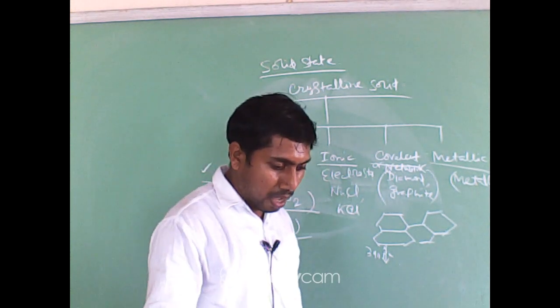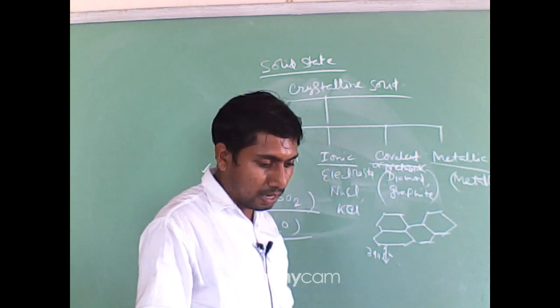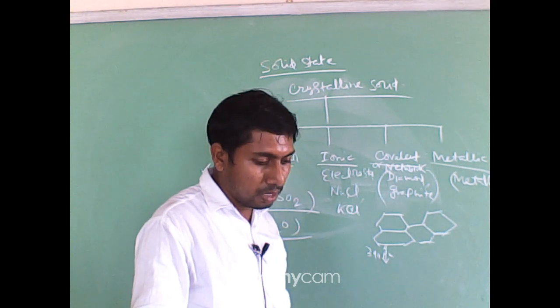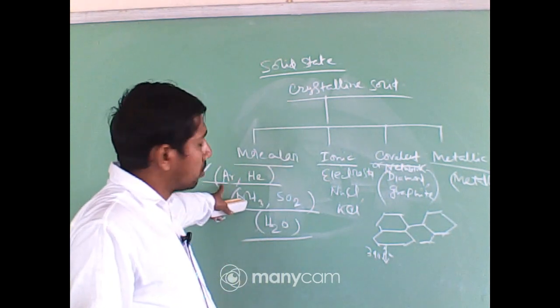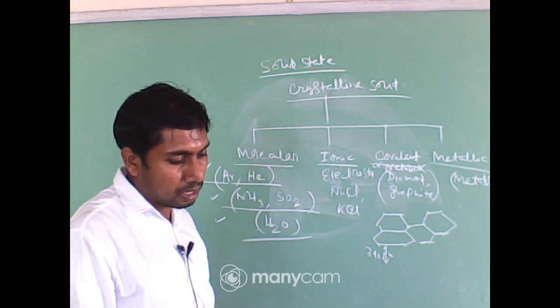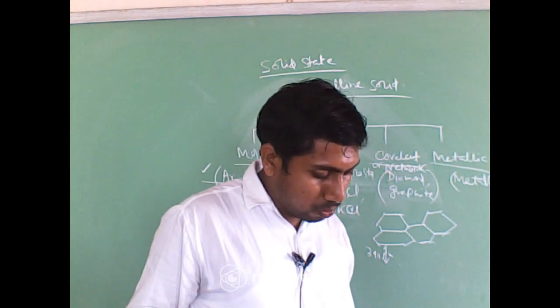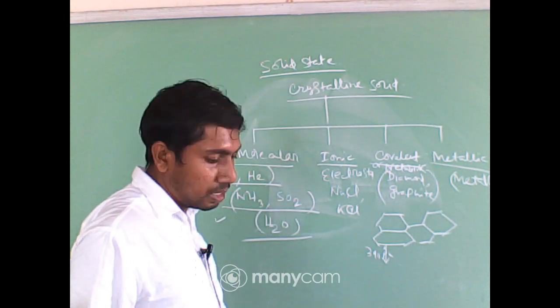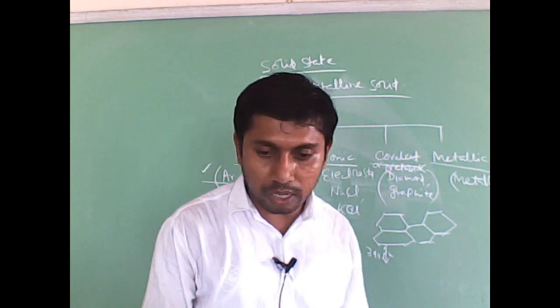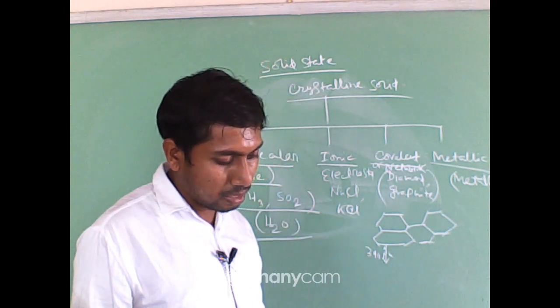Again, I am giving a revision on the different types of solid. Molecular solid, that is molecules, argon, helium, etc. Next one, polar, that is HCl, sulfur dioxide, NH3. Hydrogen bonded, H2O, that is ice. Okay.